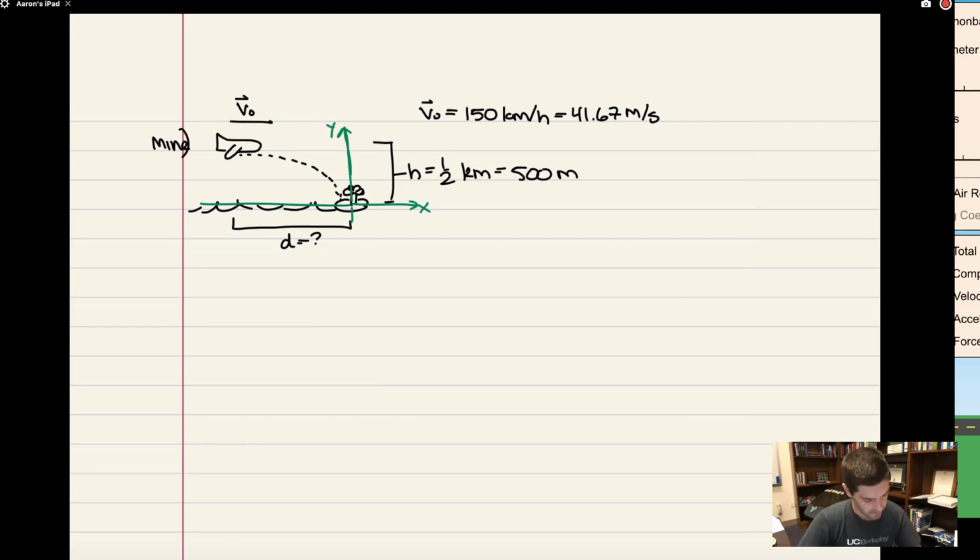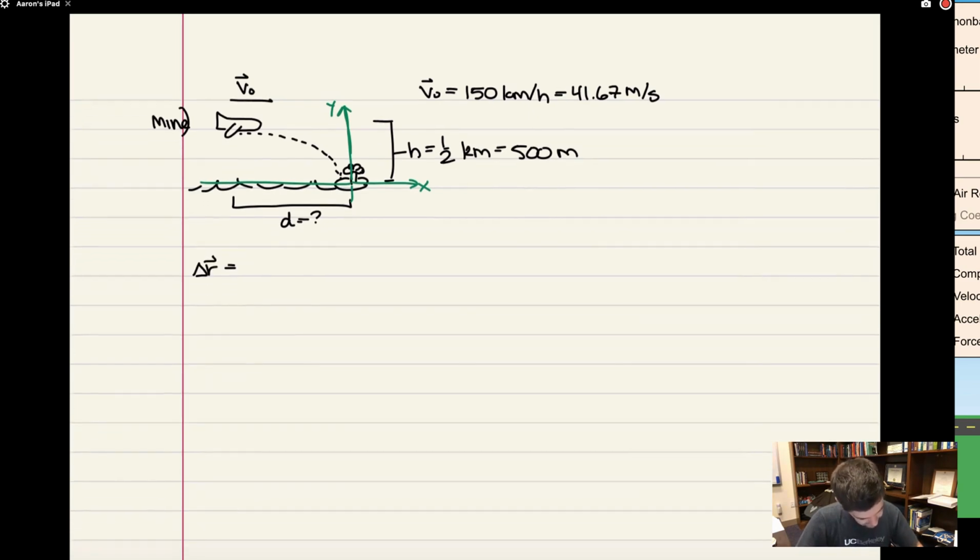All right, so what do we know? What don't we know? Displacements. The payload starts at the plane, ends at the island. The final positions are both 0 for x and y, because I've put the island at the origin.